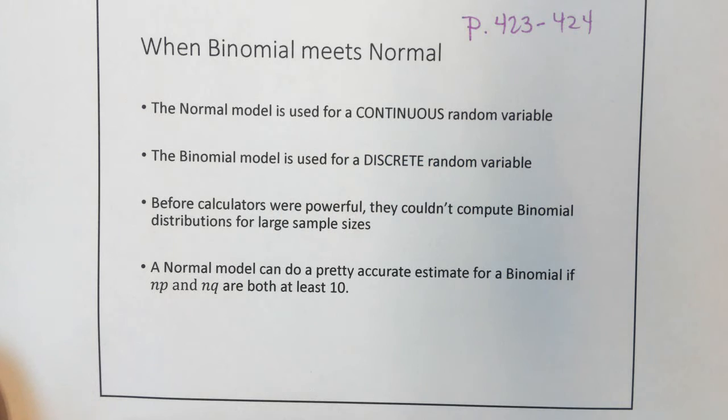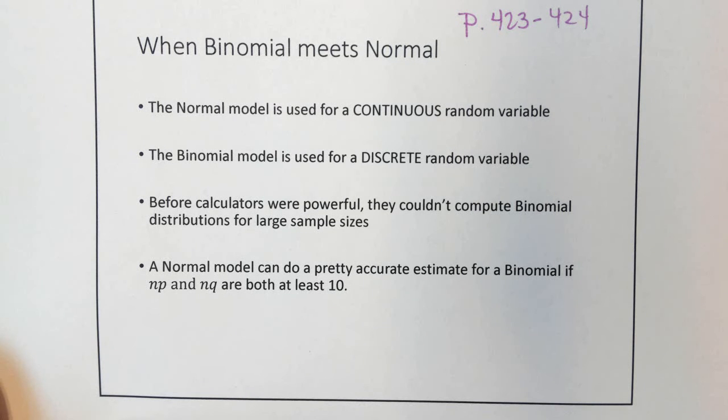Especially back before calculators were powerful and could crunch fairly large numbers, there were times that the binomial model was not usable when we had very large sample sizes. Our calculator can handle some pretty large calculations, but even with the numbers in that blood type problem you just read about, if you try to calculate some of those combination formulas or powers, our calculator can't even hold them.